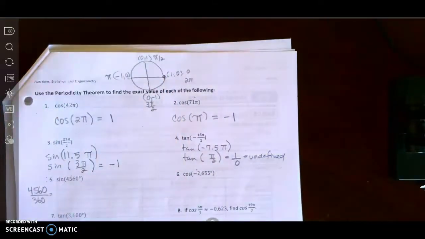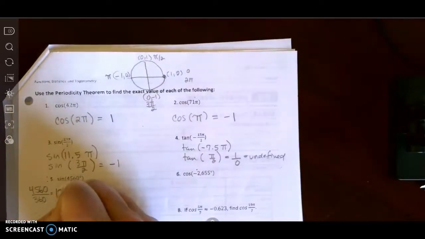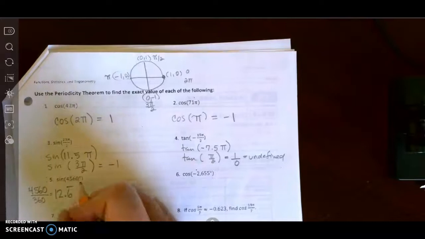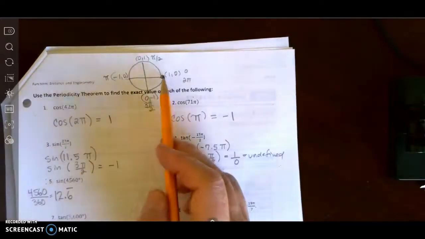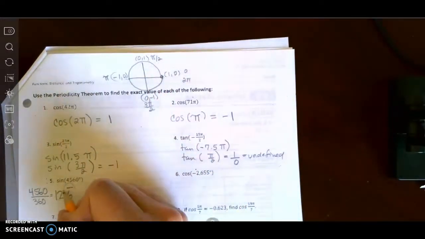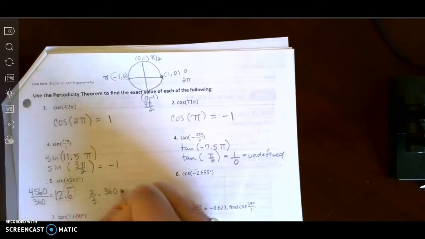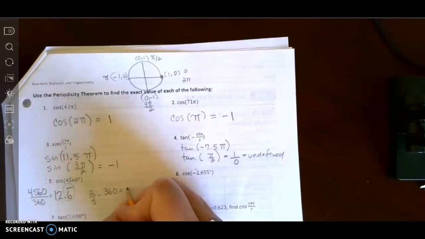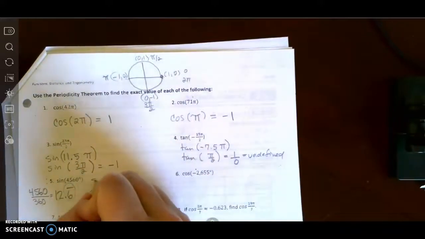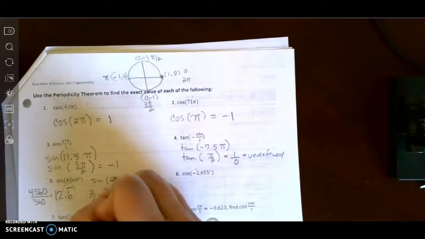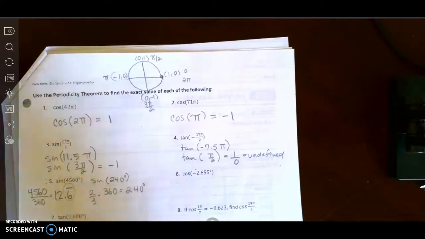So 2/3 times 360, so I got 12.6 repeating. So the 12 means I just land here. All that matters is the remainder. I have 2/3 left over times 360, and that gives me 240 degrees. So I am finding the sine of 240 degrees.